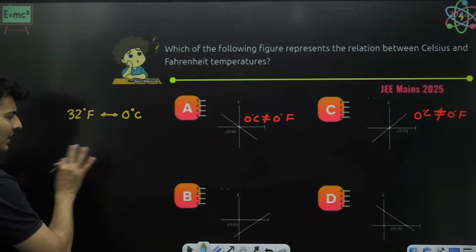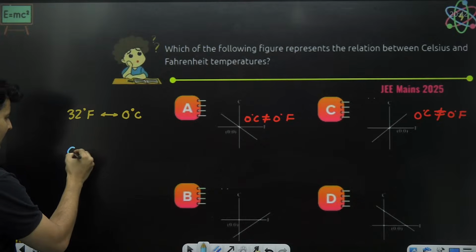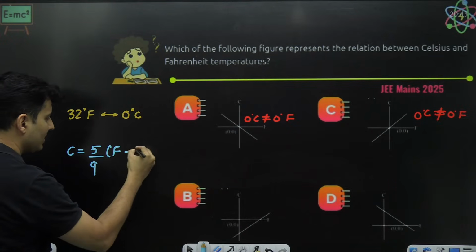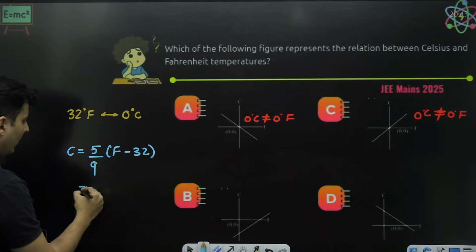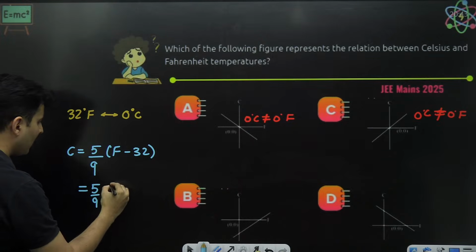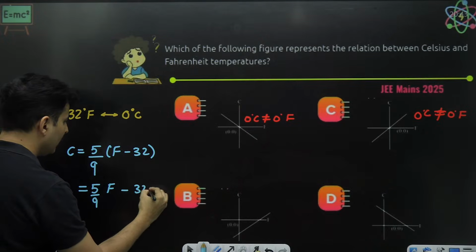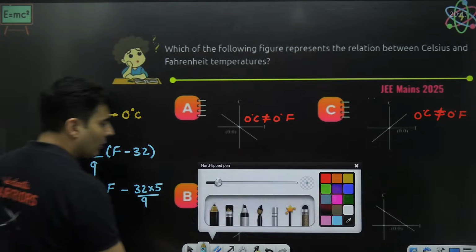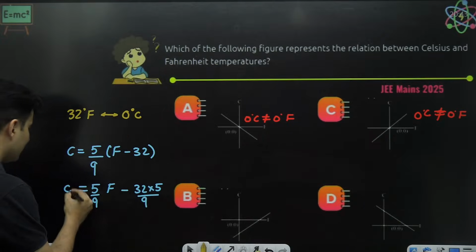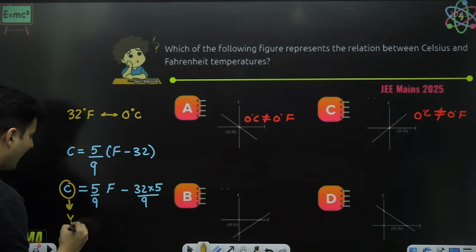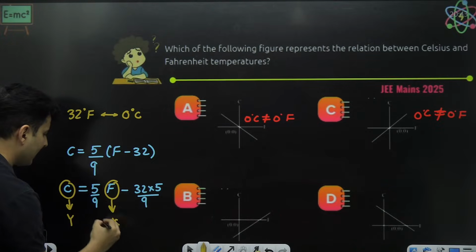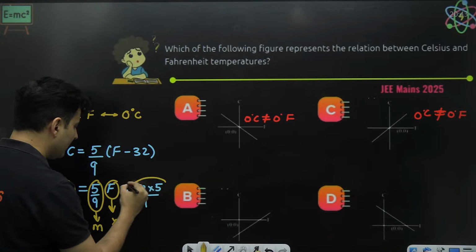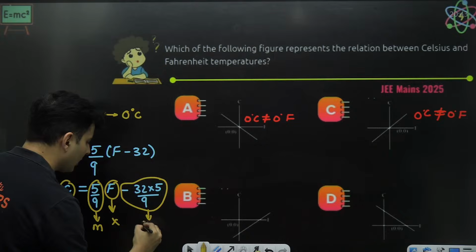I'll tell you one simple hint. When you write Celsius, you say 5 by 9 and you put F minus 32, isn't it? Just open up, you will see 5 by 9 into F minus 32, multiplied by 5 divided by 9, and this is Celsius. Now compare this, guys. Compare this C with the y-axis, Fahrenheit with the x-axis, this 5 by 9 with the slope, and this minus with the constant.